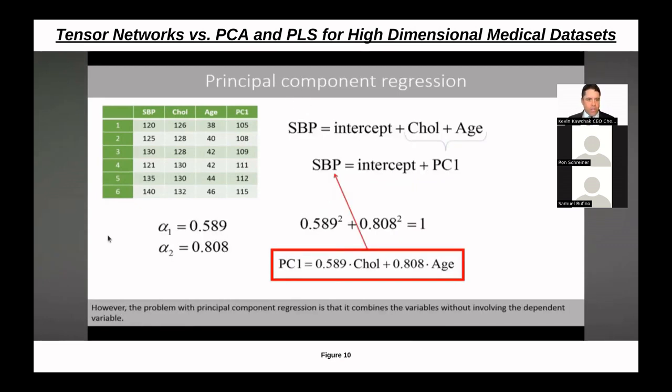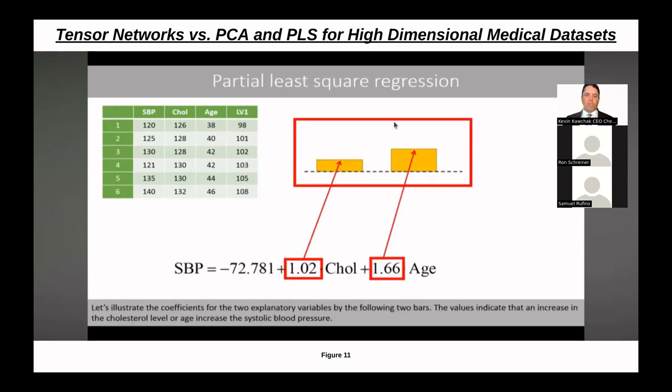The last one says, however, the problem with principal component regression, which is principal component analysis plus regression, is that it combines the variables without involving the dependent variable, which I believe in this case is the systolic blood pressure. So it's one of those things, like everybody loves principal component analysis, but there's certain cases to use partial least squares, and you will run into people who say, well, we've just never had to use it, or perhaps they didn't know the inner workings of it.